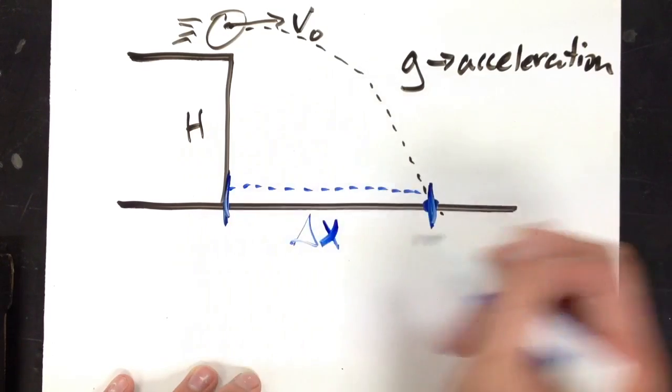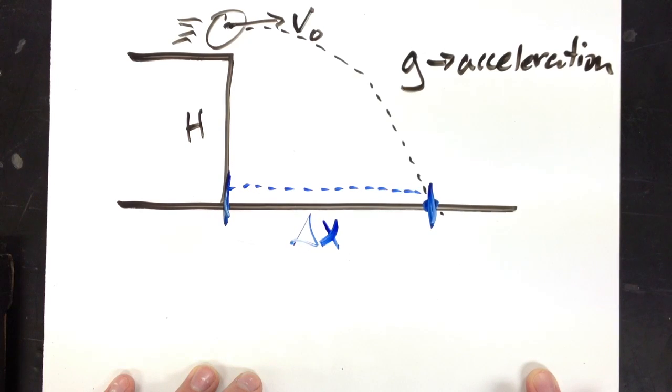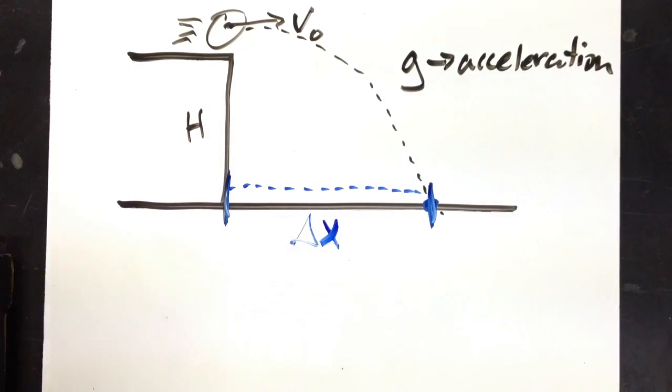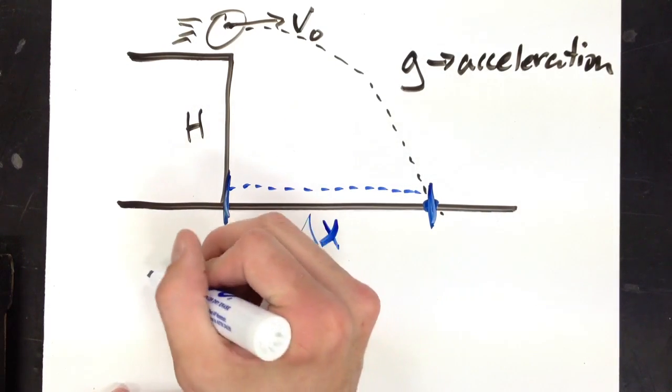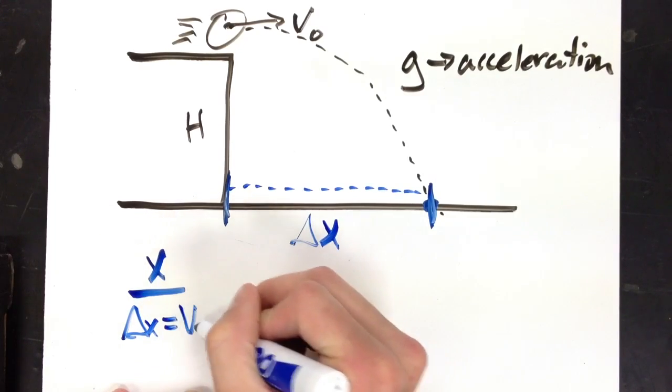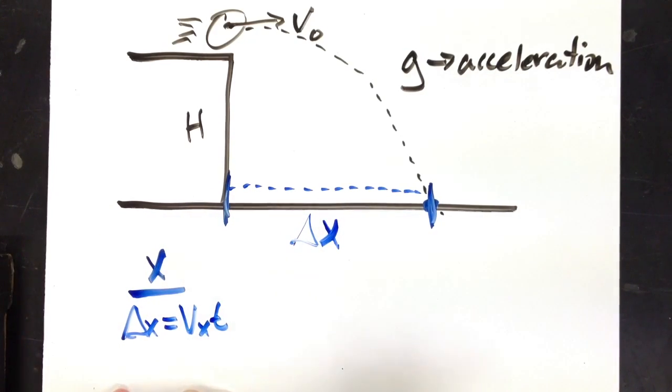So this distance here is our delta x. Okay. Now, the kinematics that we have at our disposal: 1, delta x equals vxt. That is one, and really the only equation for our x dimension.